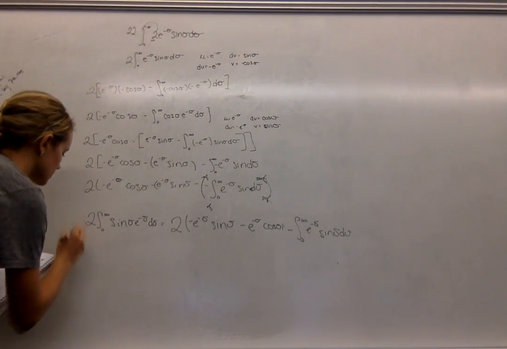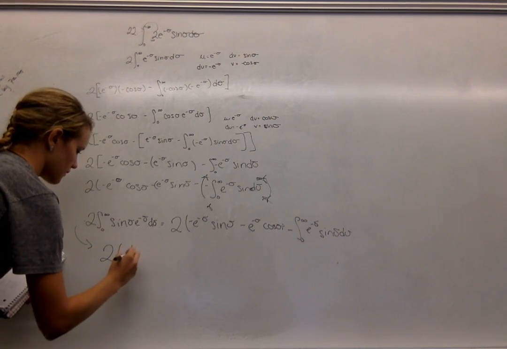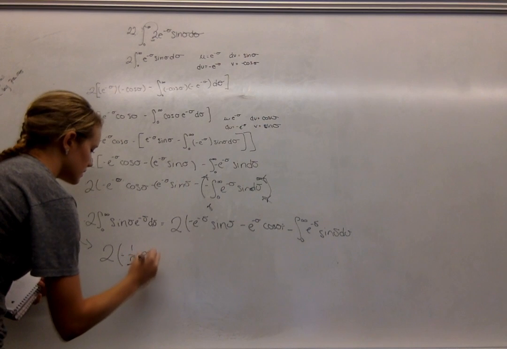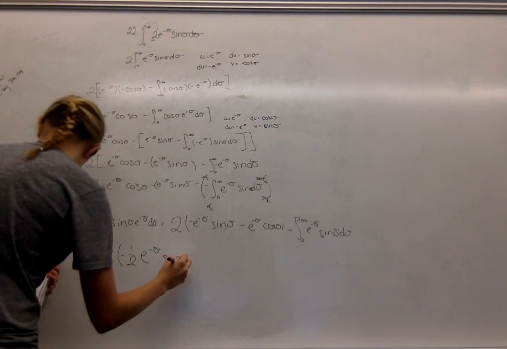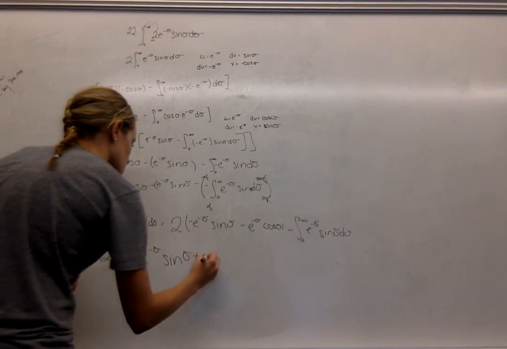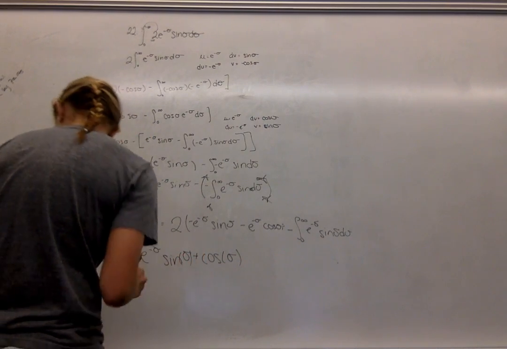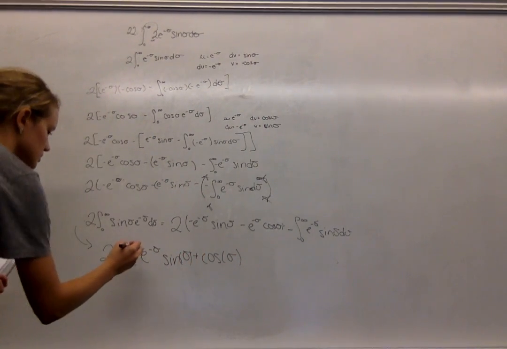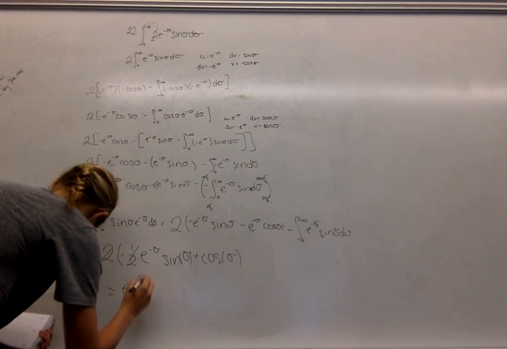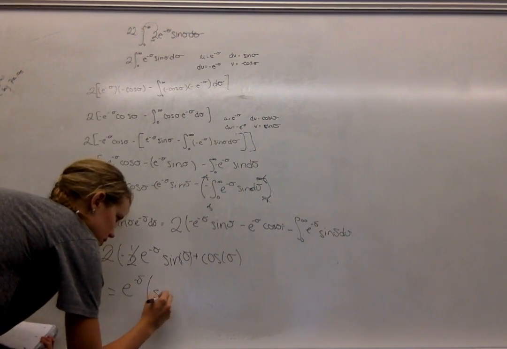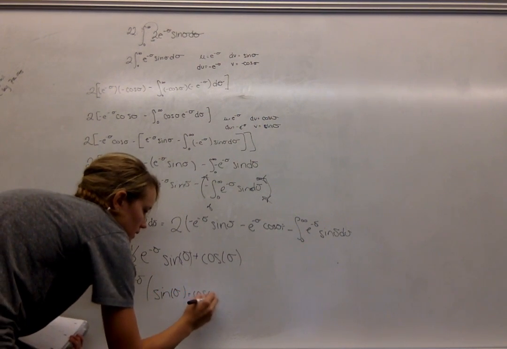And what we get from there is 2 times negative 1/2 e to the negative theta times sine theta plus cosine theta, which we can cross out, and it's equal to negative e to the negative theta times sine theta plus cosine theta.